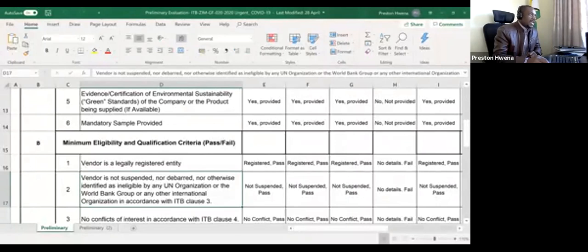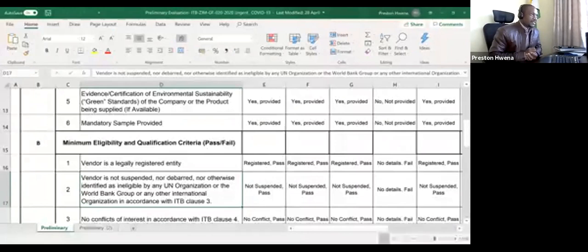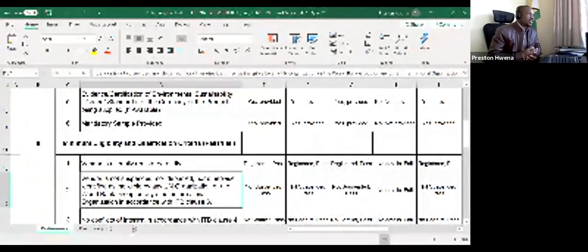Because we use a central database, UN organizations, the World Bank, IMF, and other international multilateral institutions, African Development Bank, whenever a vendor is blacklisted by any one of these entities, that information is updated on the website. And when we go on that website, we will find that you are blacklisted and will not be able to do business with you.